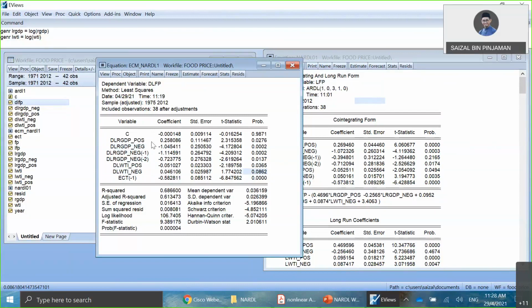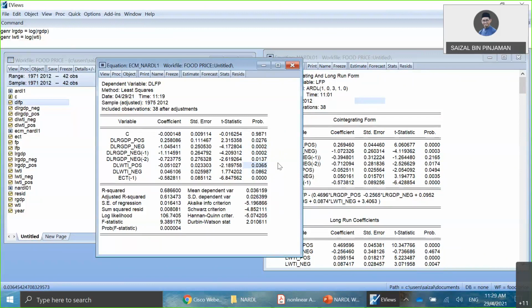You can look into their coefficient value, but sometimes you can simply understand the relationship by looking into the probabilities when you are conducting a short run relationship, because usually in a short run relationship, our attention is towards understanding the significance of the relationship.